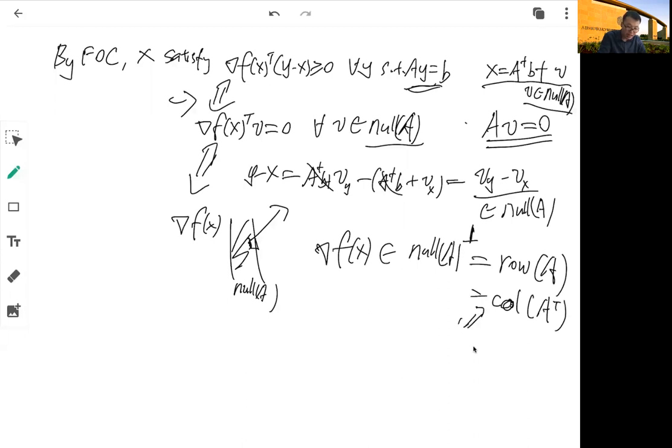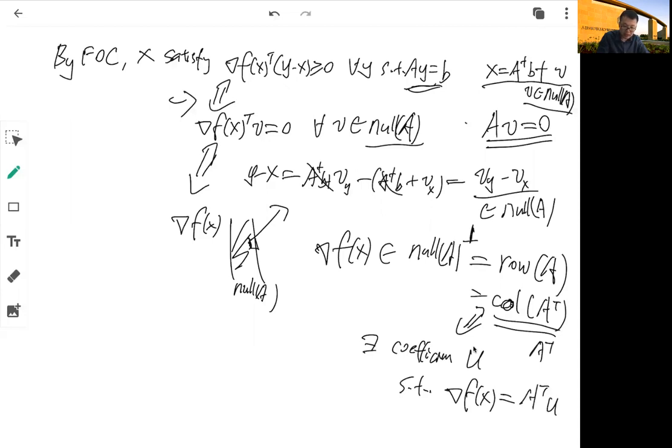What this implies is that there exists some coefficient U tilde such that, for a particular basis that spans the column space of A transpose, one particular basis being just A transpose, the gradient of f at x is equal to A transpose U tilde. This is taking a linear combination of the basis vectors, and that constructs the gradient of f at x.